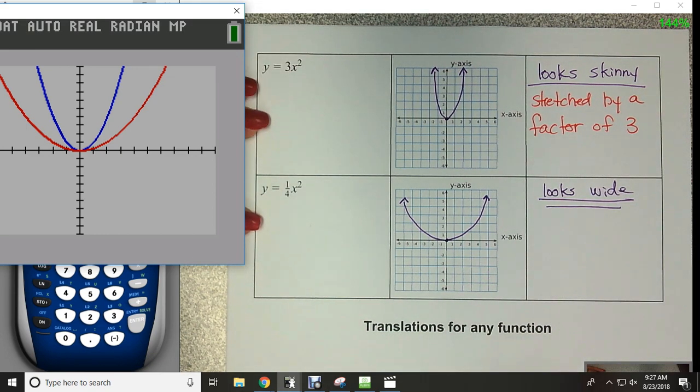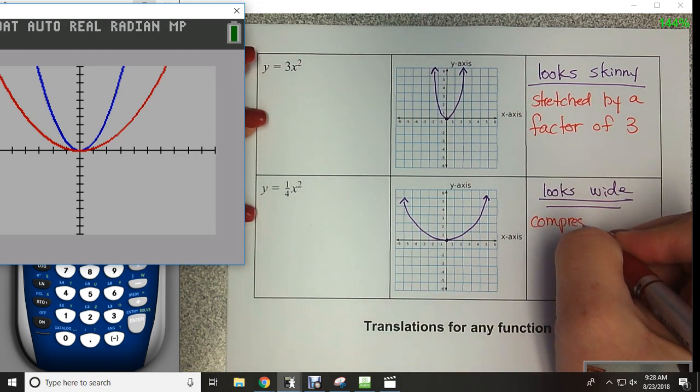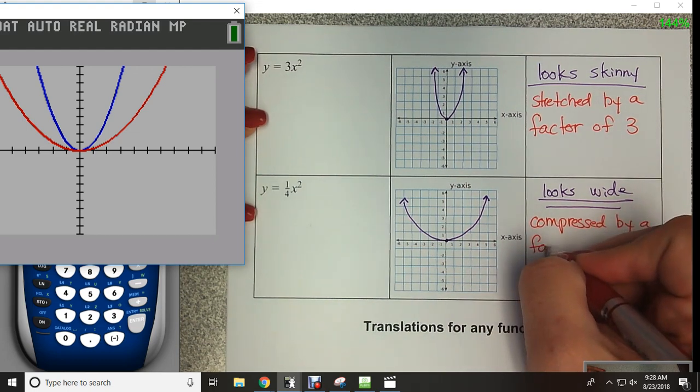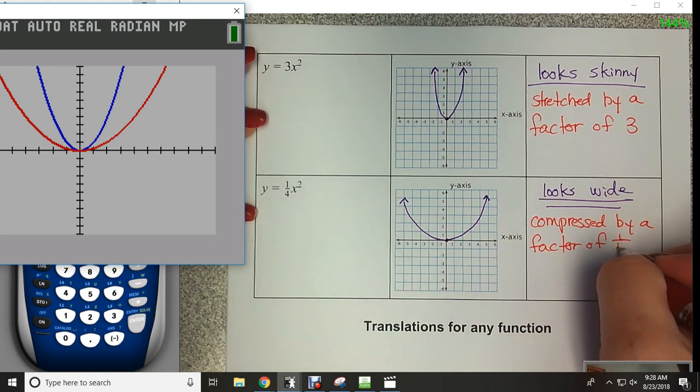Okay. So your correct vocabulary for this is that it is compressed by a factor of 1/4.